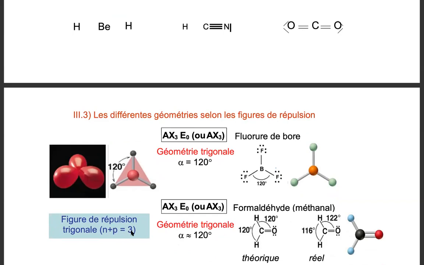Another example is formaldehyde, which is known as methanal. It also forms an angle of 120 degrees. Here it forms an angle of 122 degrees, so it means there is a bit of tilting.